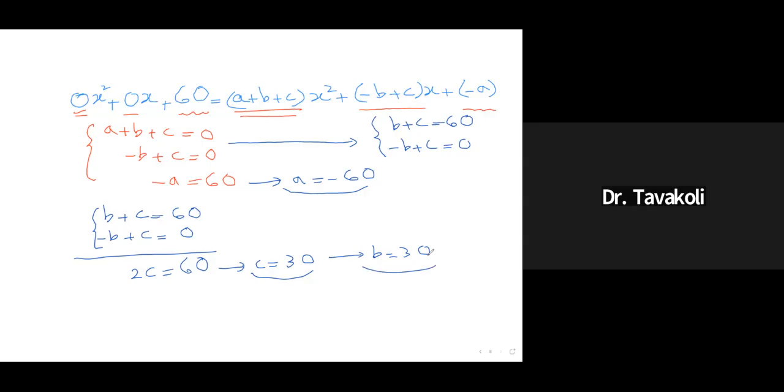So step one tells me that the fraction 60 over x cubed minus x is equal to what?